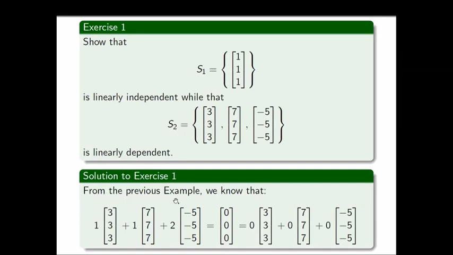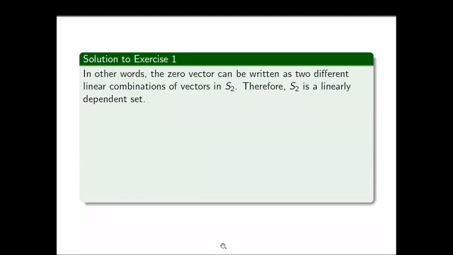From the previous example, we already know that there are two different ways of writing the zero vector as a linear combination of (3, 3, 3), (7, 7, 7), and (-5, -5, -5). Note that the linear combination on the right is the trivial linear combination. Now, because there are two different ways of writing the zero vector as a linear combination, we conclude that S2 cannot be linearly independent, so it is linearly dependent.